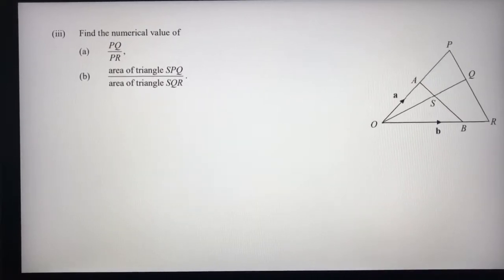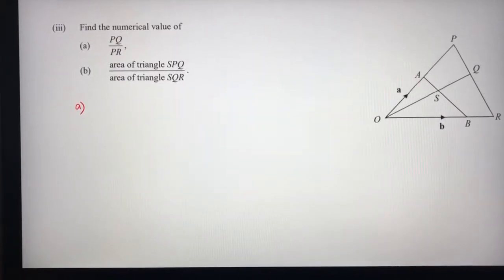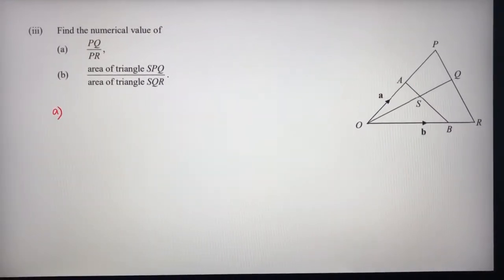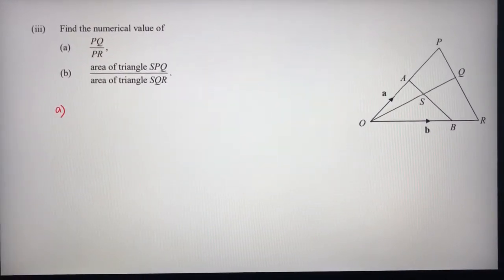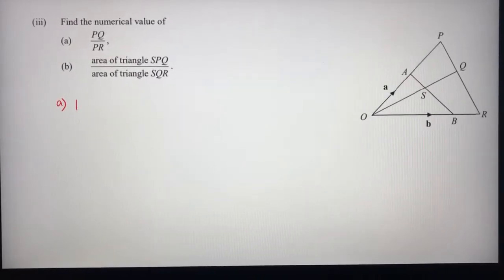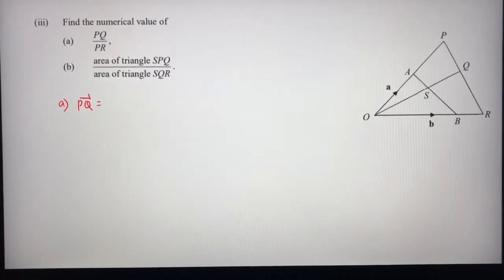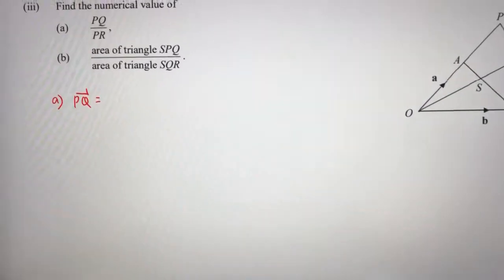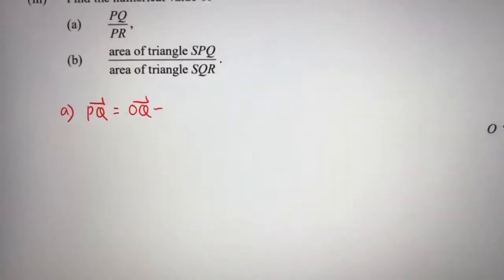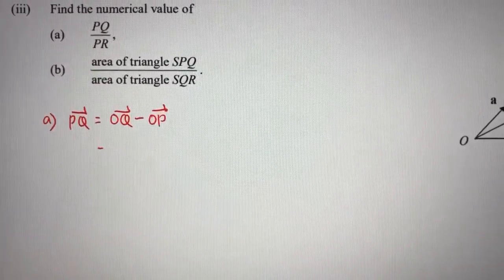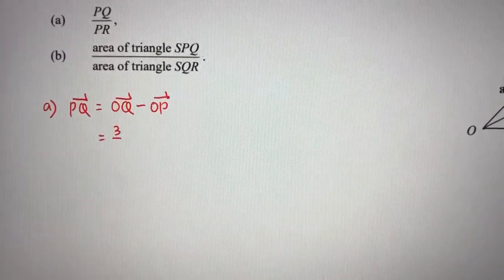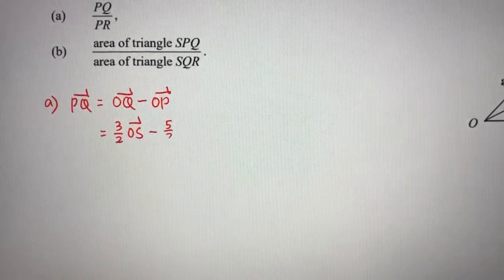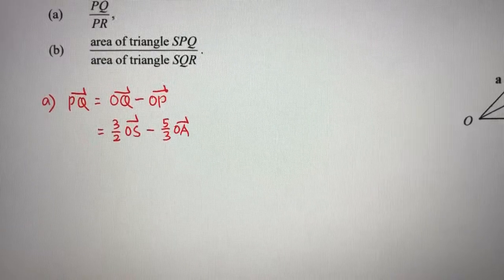Last but not least, we are now asked to find the numerical value of the length PQ over PR. Now, it is clear to us from the diagram that points P, Q, R are collinear points. Therefore, it is good if we are able to express vector PQ as a scalar multiple of vector PR. So with that in mind, we resolve vector PQ to be OQ minus OP, and individually, OQ equals 3/2 OS, and OP equals 5/3 OA.